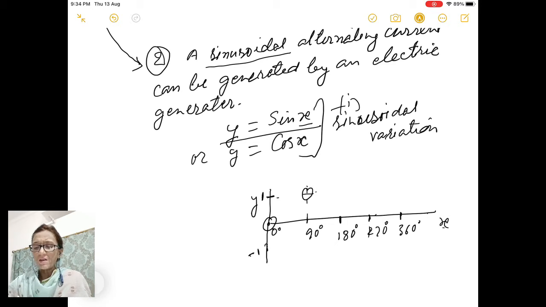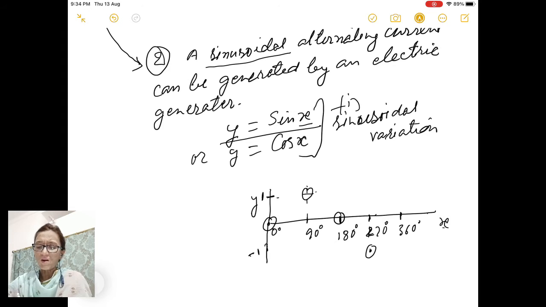Now sin 270 degree is equal to minus 1. So y becomes equal to minus 1. Here you have a point on this graph. Now sin 360 is again 0.